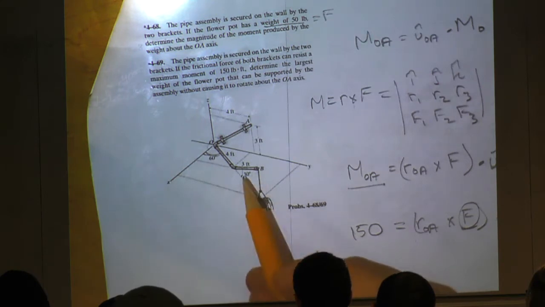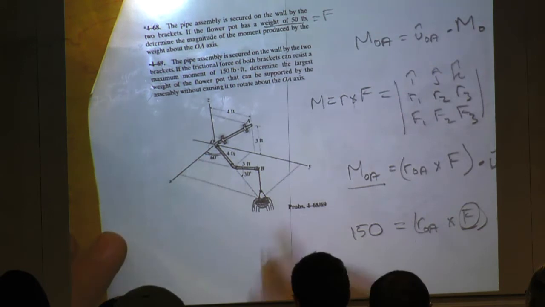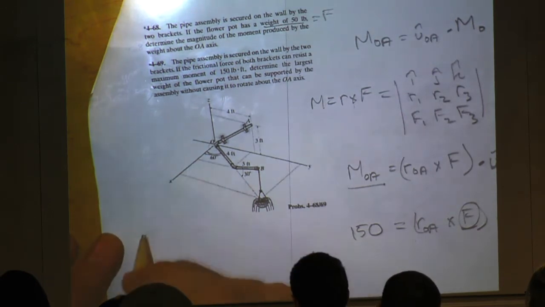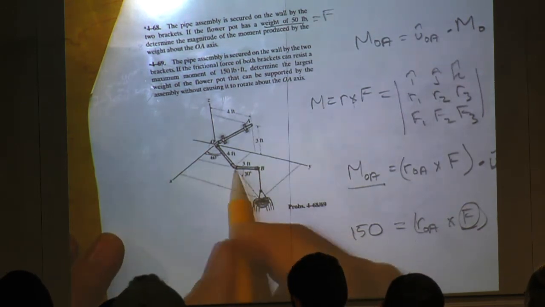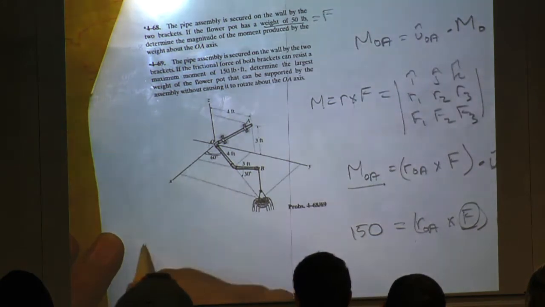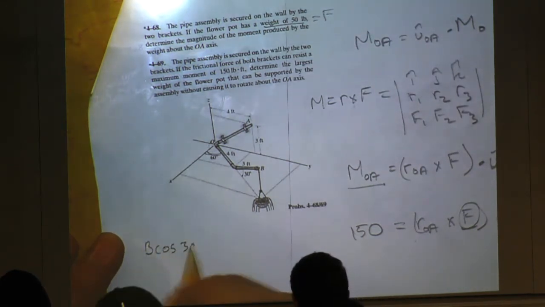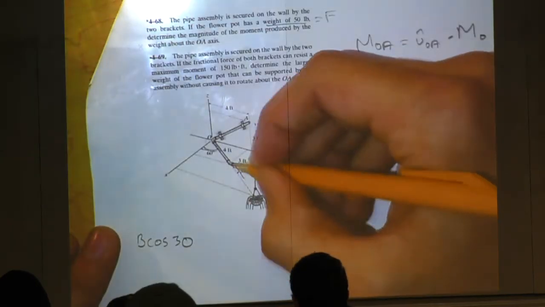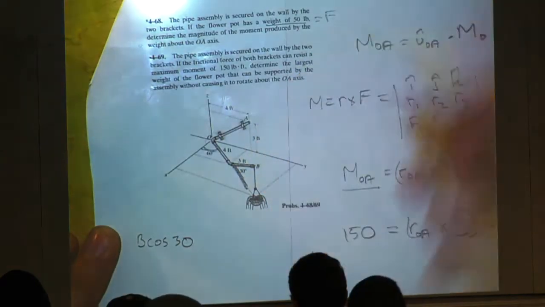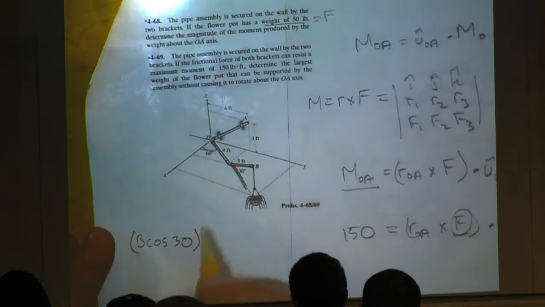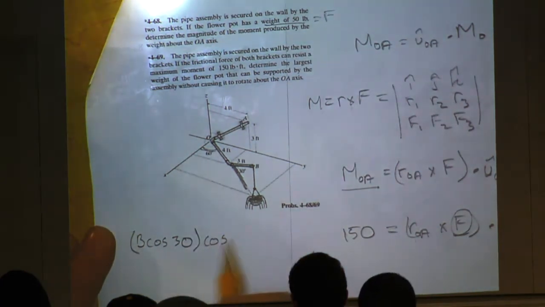We can't just straight away say multiply cosine 60 degrees will give me x. So if I wanted to get the component of this along the x-axis, I would need to do, let's say, B cos 30, right? Because I'm going for this component here, which lies in the xy plane, and then I can multiply it by cos 60.